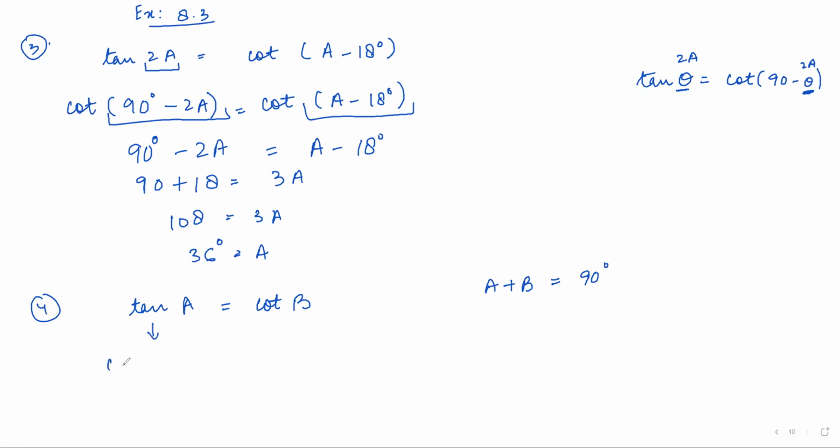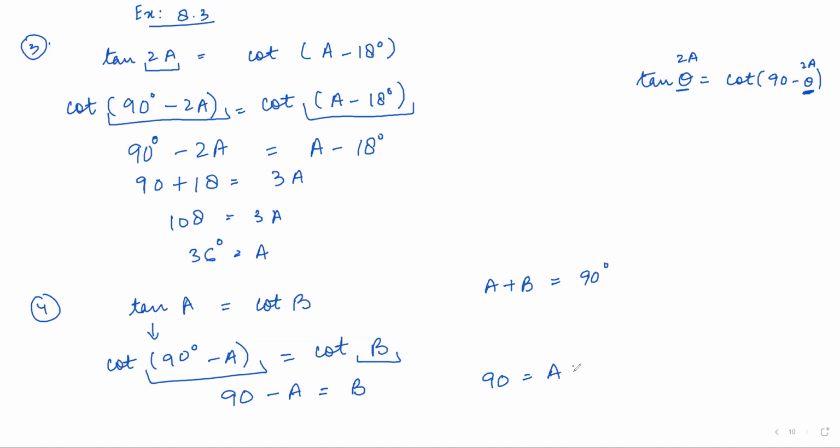I can write it cot of 90 degree minus A, correct? This is equal to cot of B, right? Now this implies that this angle is same as this angle. So I am getting 90 minus A is equal to B, and you take A that side. So 90 is equal to A plus B. Proved.